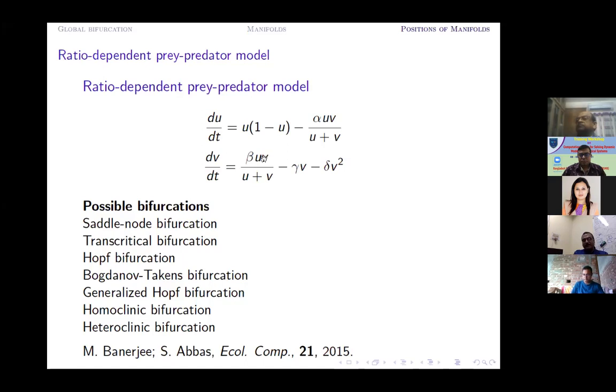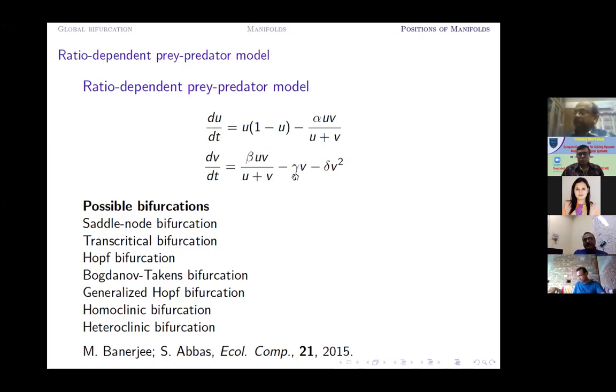If the magnitude of this quantity is less than this particular magnitude, then the growth rate of the predator will be negative, and they will go to extinction. Again, if you go back to a simplified ratio dependent model, that means consider gamma and delta equal to 0, then quickly you can find a clear cut restriction that beta should be greater than gamma. So this will give you a guideline on how beta and gamma will be related.